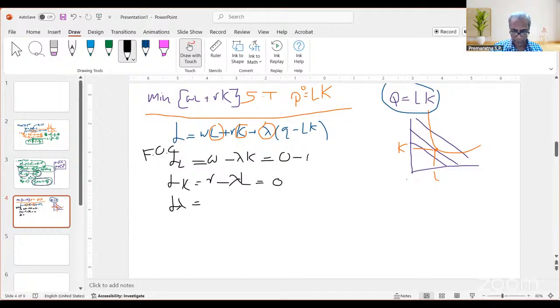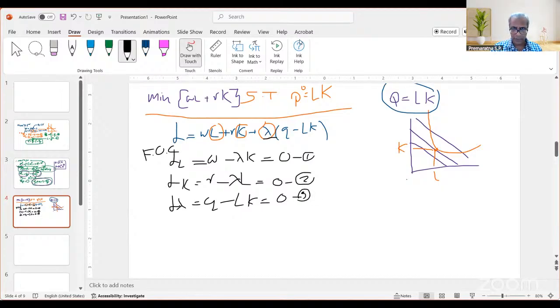You get the two equations there. The third equation automatically becomes the constraint when you differentiate with respect to lambda: Q minus LK, set equal to 0.